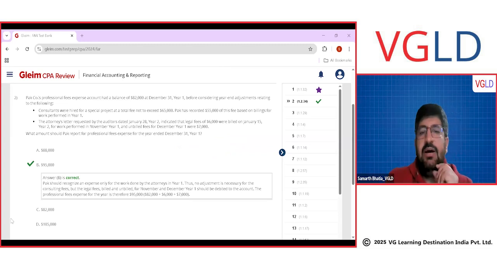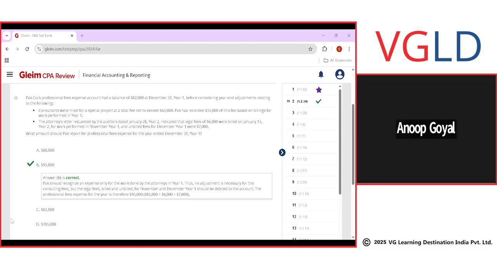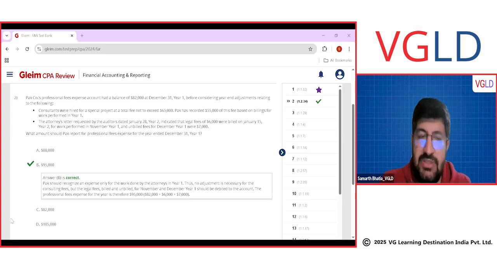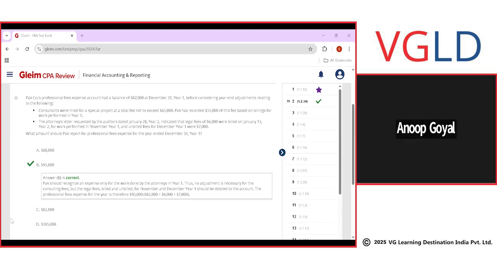That's fine. But they have clearly specified that Park has recorded 55,000 of this fee based on the billing for the work performed in year one. They have not specified what happened with this 10,000. Either they should give a clear idea that this 10,000 will be completed in year two, year three, whenever it is completed.